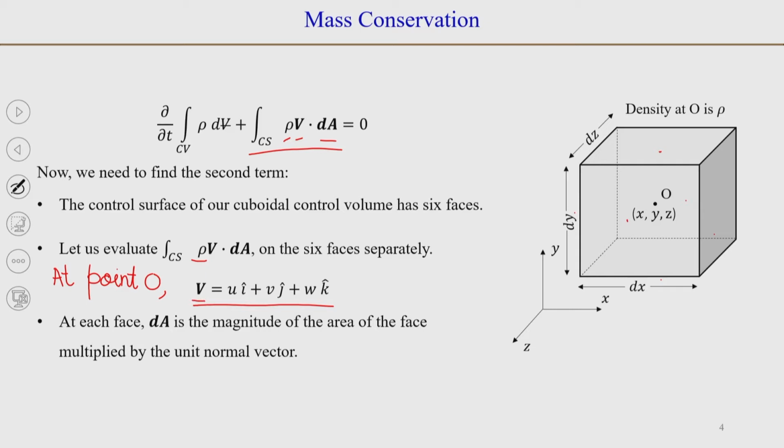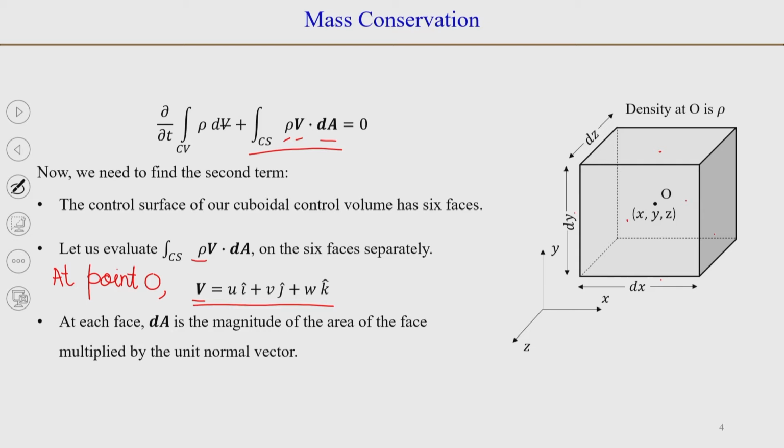We also need to find the magnitude of area vector dA, and the direction will be normal to that particular face, depending on whether it is the x plane, y plane or z plane, and whether it is pointing out in the positive or negative direction.